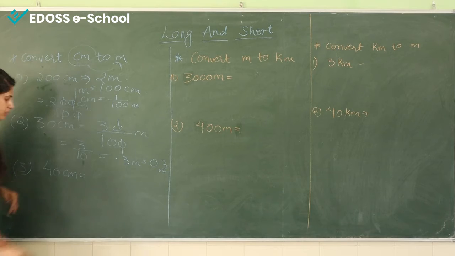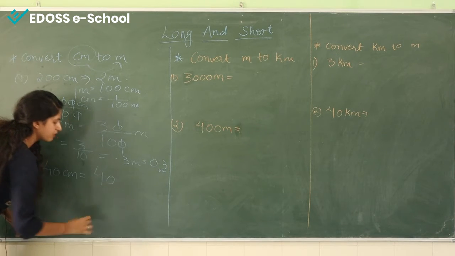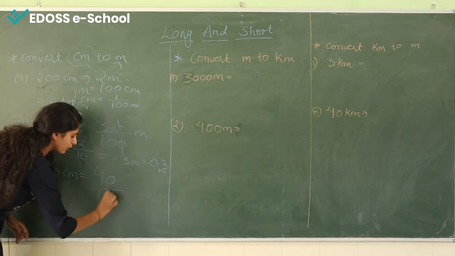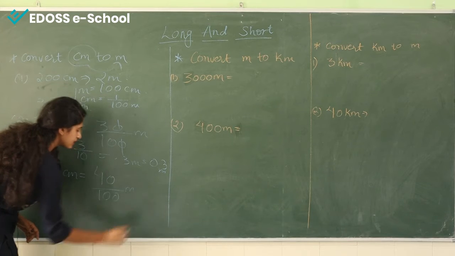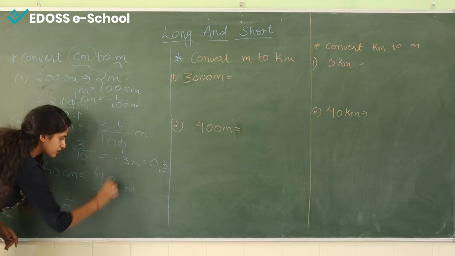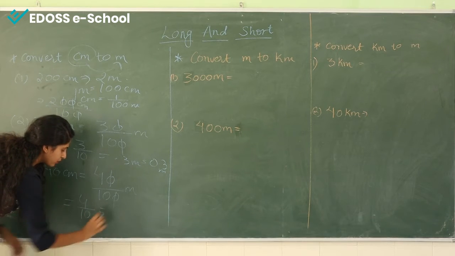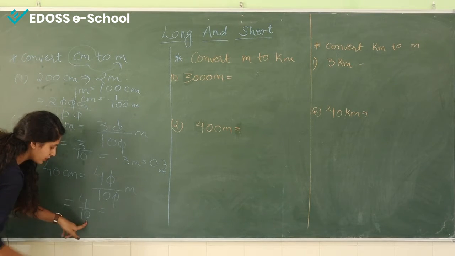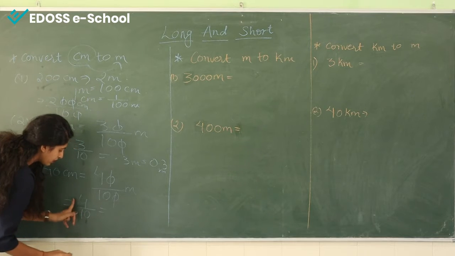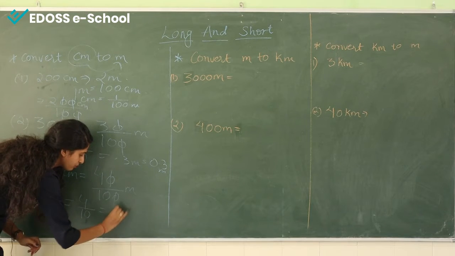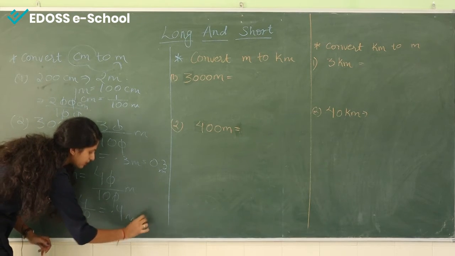Next is 40 centimeters. We have to convert it into meter. So 40 upon 100 meters. So 0 cancels. Then 4 upon 10 will be equal to, here how many zeros are here? Only 1. So the point will come before one digit, that is 0.4 meter.